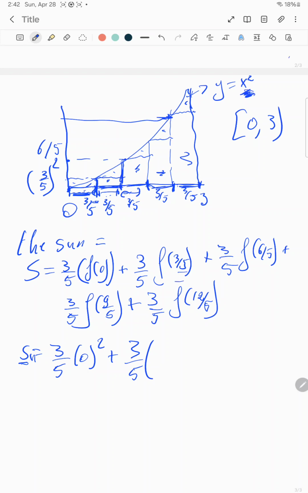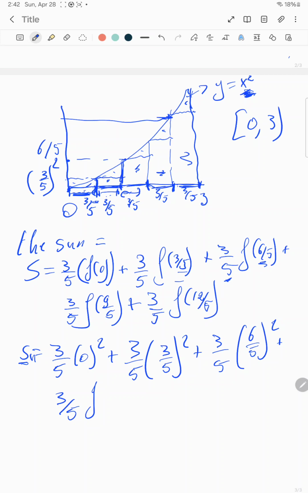The x that is here, I replace it by 3 over 5, so it becomes 3 over 5 square, plus 3 over 5 multiplied by 6 over 5 square, plus 3 over 5 multiplied by 9 over 5 square, plus 3 over 5 multiplied by 12 over 5 square.